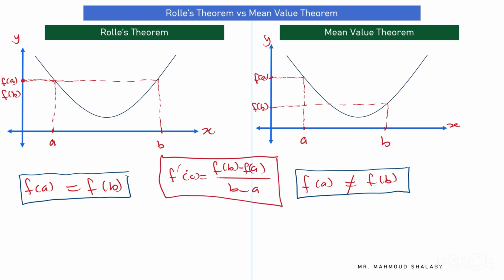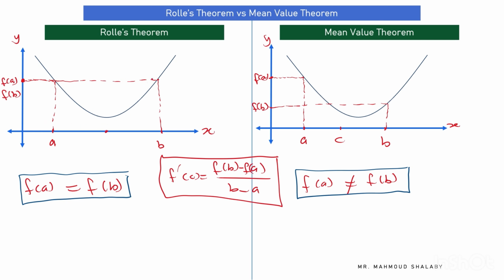However, I put here c because, as we know, guys, we will have to find this rule for both of them, where we choose the value of c somewhere between a and b. We can place it anywhere, where we can draw a line that is parallel to this line here, which means it will be a horizontal line.